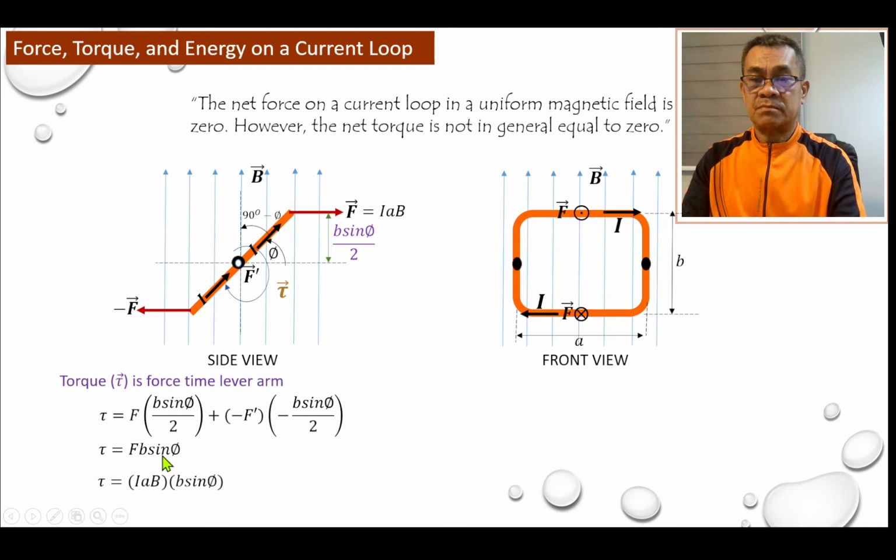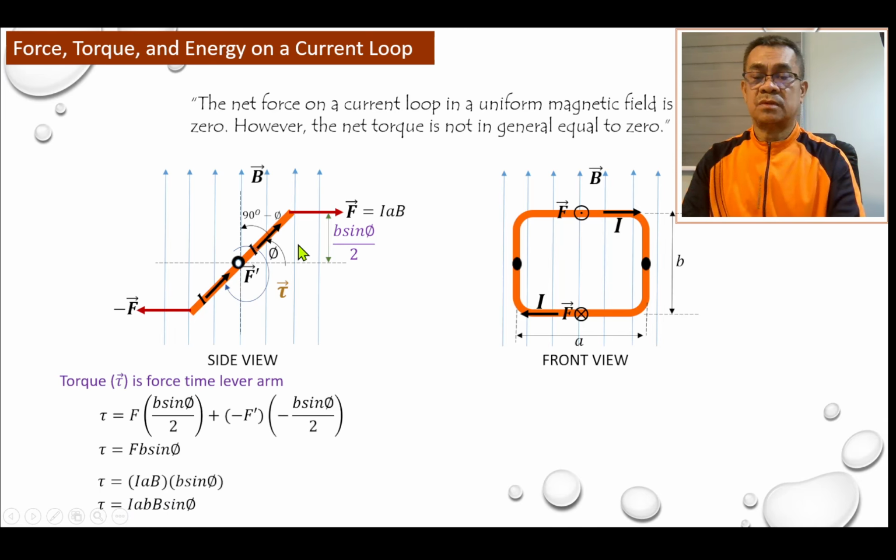By the way, this is our B, so this must be our A, and this is the force we are talking about, and this is the pivot point. Now if you rearrange this such that we have I A B B sine P, this is now the magnitude of torque.